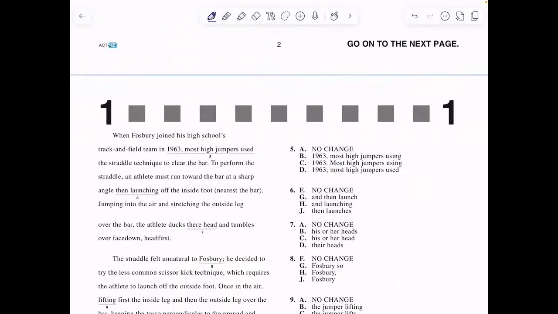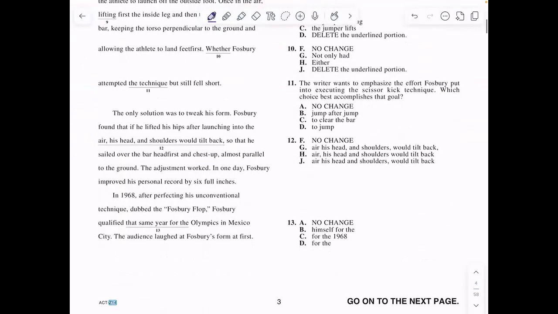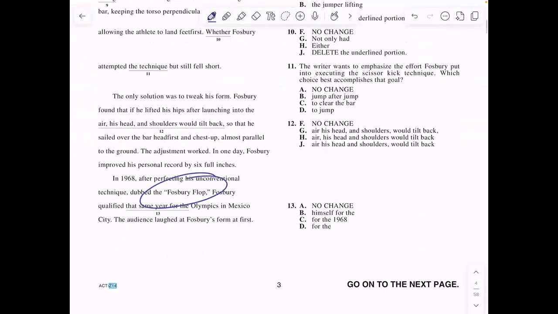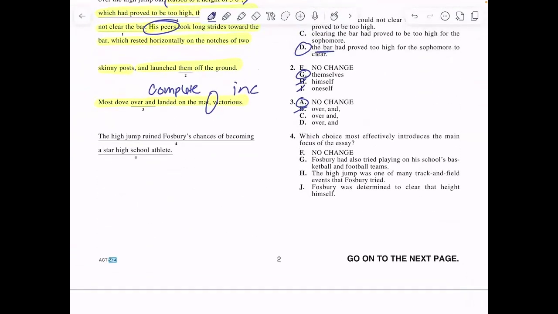To perform the straddle, blah, blah, blah. It's talking about his technique. He tweaked his form. So basically, it looks like he's inventing this method for clearing the high bar. So I don't know that this ruined his chances of becoming a star high school athlete. I don't think G is relevant.